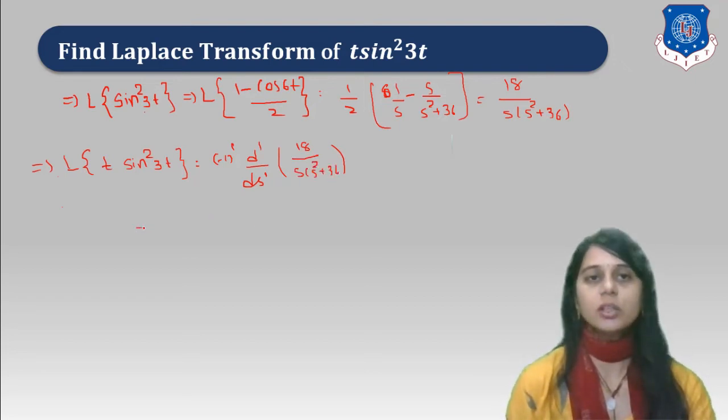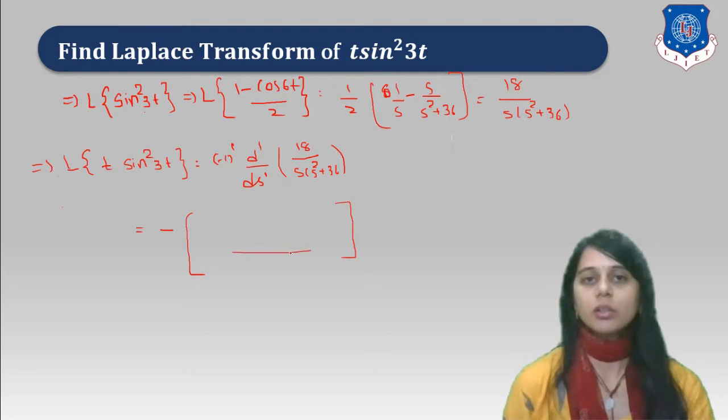Now we are taking the division rule, minus sign as it is, denominator whole square, so it is s cube plus 36s whole square. The denominator s cube plus 36s as it is. The differentiation of 18 with respect to s is 0, minus 18 as it is. Differentiation of s cube is 3s square, and differentiation of 36s is 36.